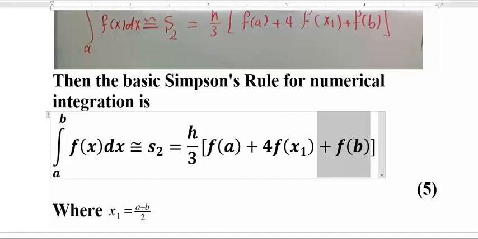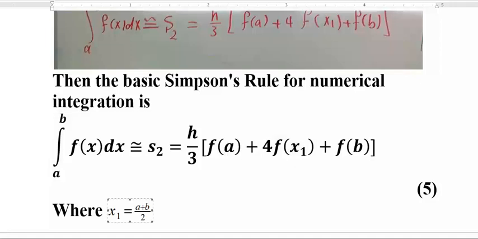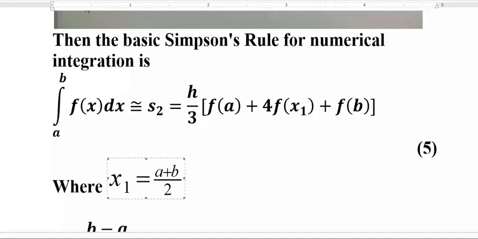In the middle we have plus 4 f of x1, and x1 is the point in the middle from a to b, so it equals a plus b over 2. Do you understand?